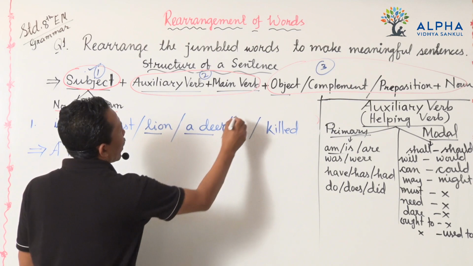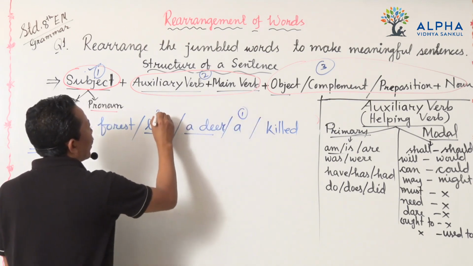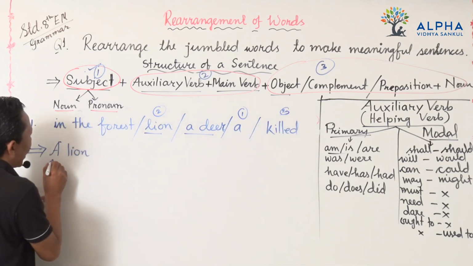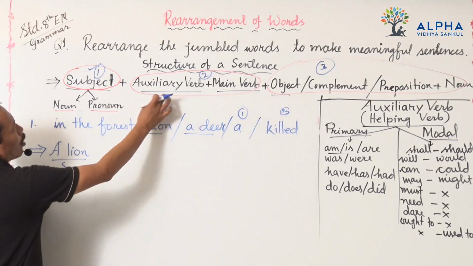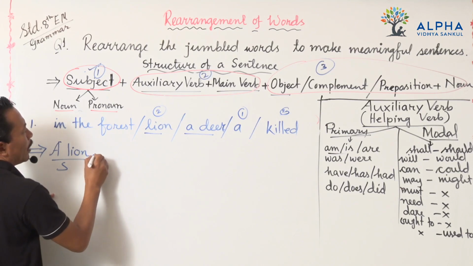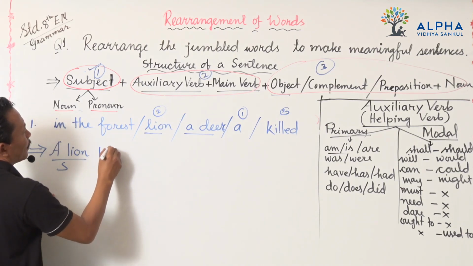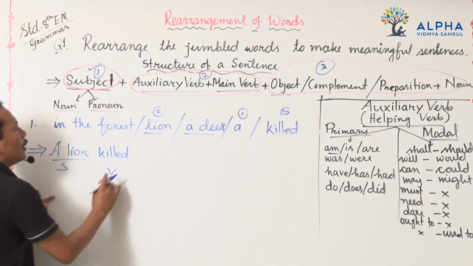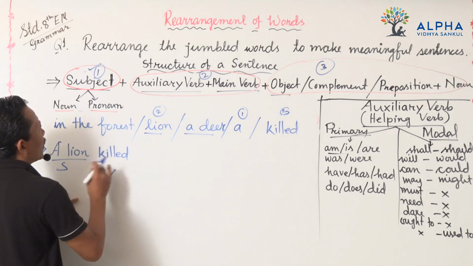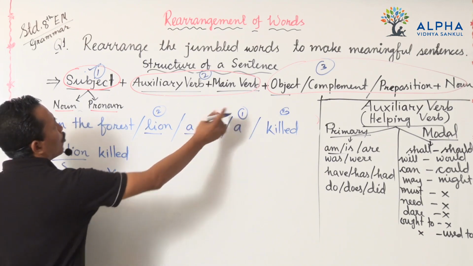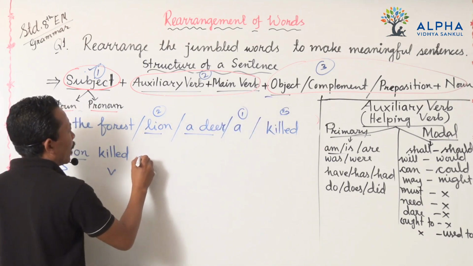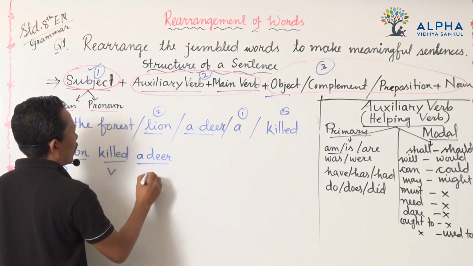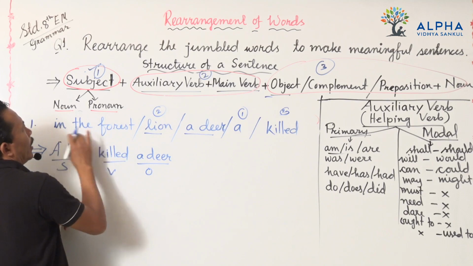See, A number 1, lion 2, kill 3. A lion is the subject. After the subject, what will be there? Verb. The verb is kill. A lion kill what? A lion kill object. What does it kill? A deer. Object.